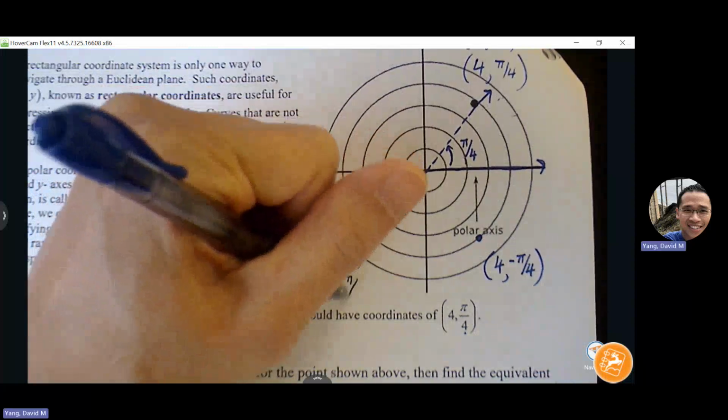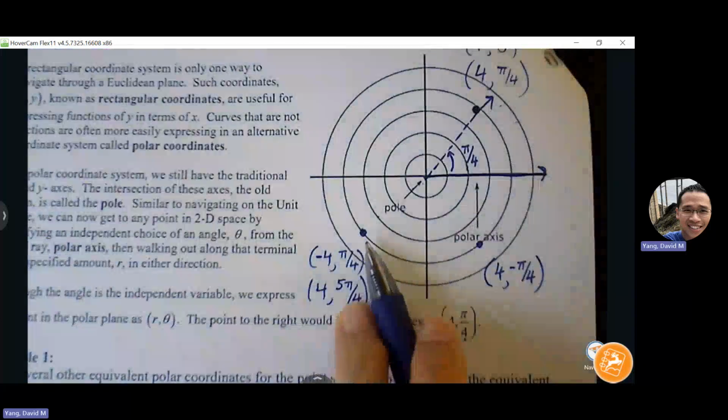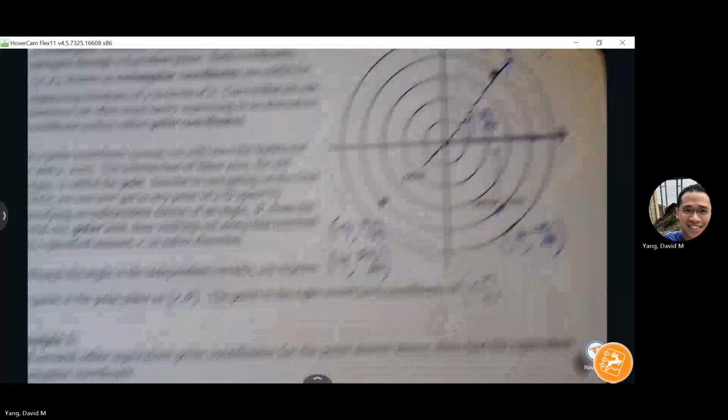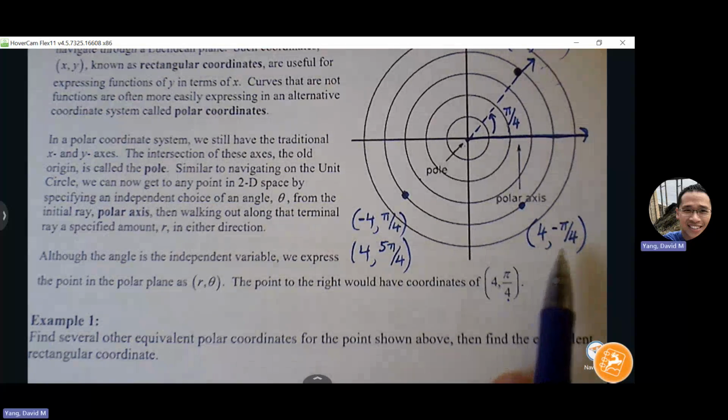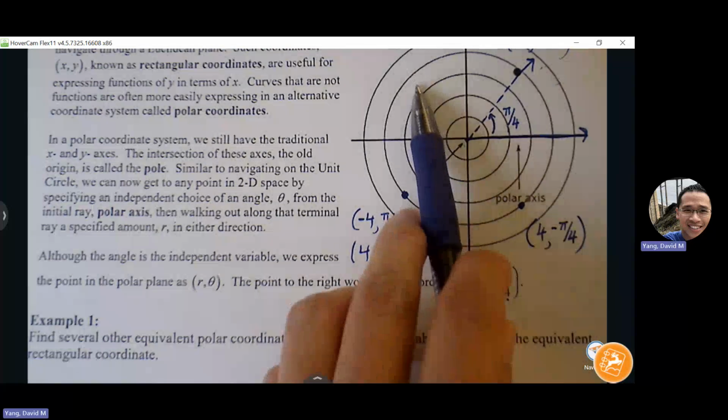And that would also take us to the same location over here. Would (-4, -5pi/4) be in the second quadrant? If it was (-4, 5pi/4), that's right. It'll be in the second quadrant over here.